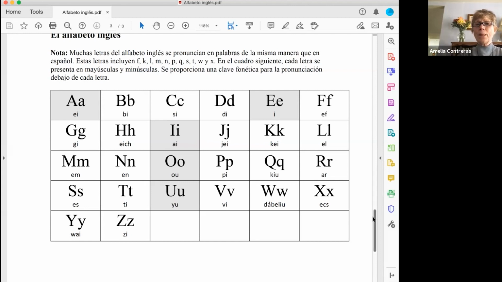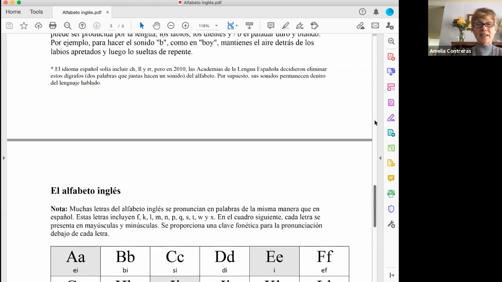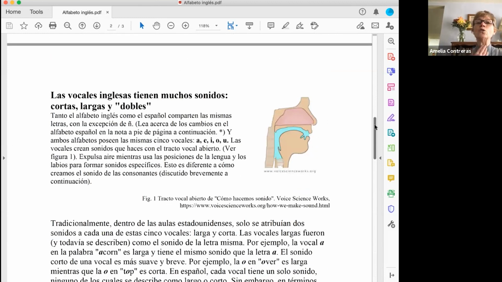However, let's first distinguish why is a letter called a vowel and why is it called a consonant. Well, actually, there is an explanation. Vowels are called vowels because when you make the sound of a vowel, your vocal tract is open.